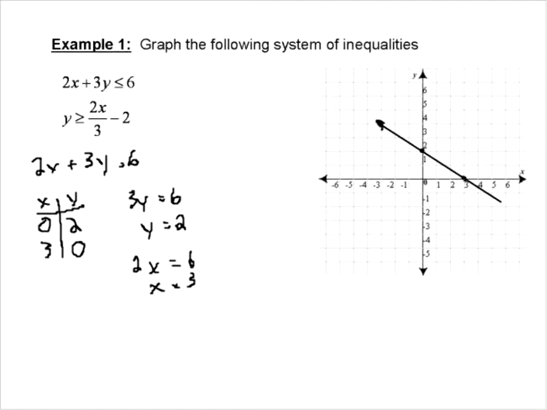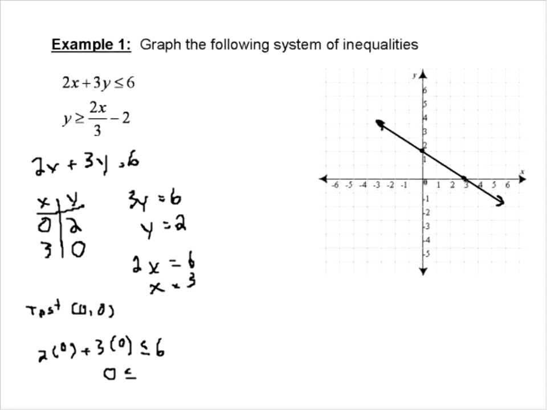So we want to determine what side of the line we're going to shade on. So how do we do that? Well, we pick a test point. So let's test 0, 0. When we test 0, 0, we're going to get 2 times 0 plus 3 times 0. Remember, we're testing it in our original inequality, is less than or equal to 6.